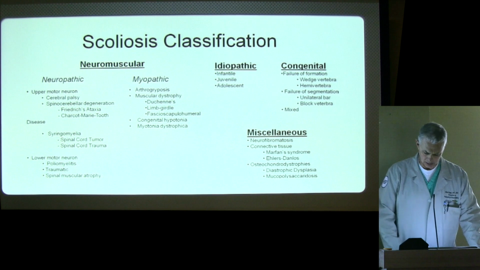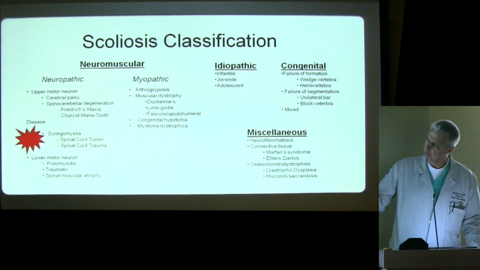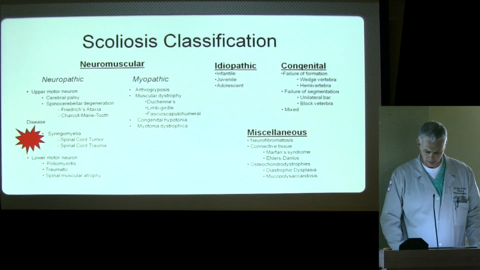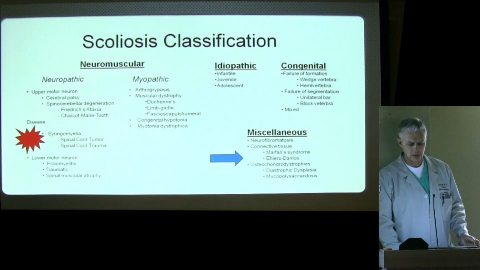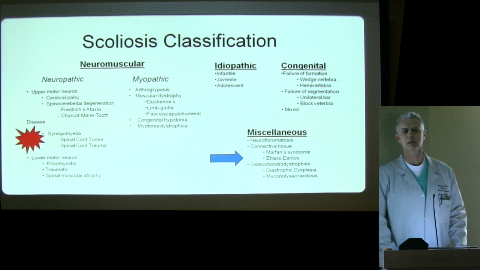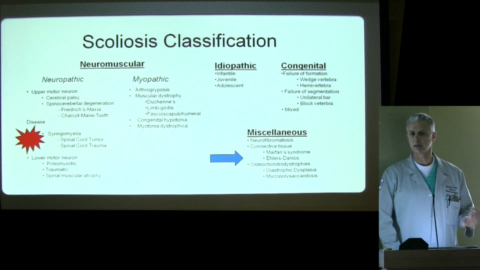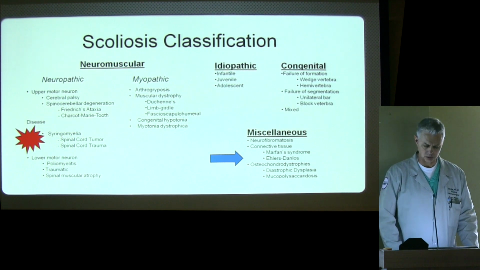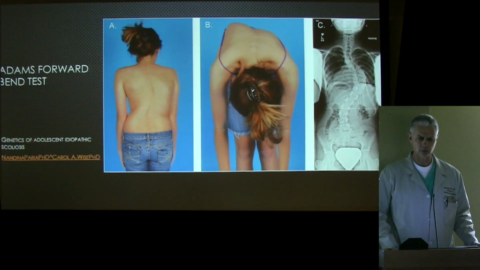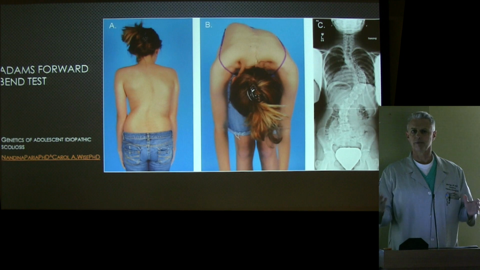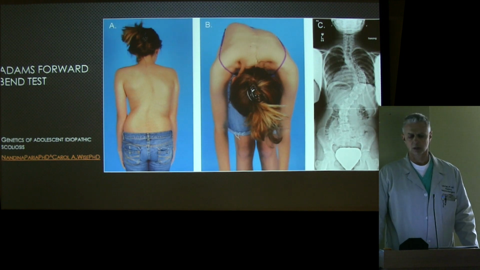And then a miscellaneous group. What I want to focus on is the neuromuscular with Syringomyelia involved. We'll talk about that, but we also have to be mindful that Chiari patients can have Ehlers-Danlos syndrome, and that can itself be associated with scoliosis. And so it becomes fairly multifactorial sometimes.